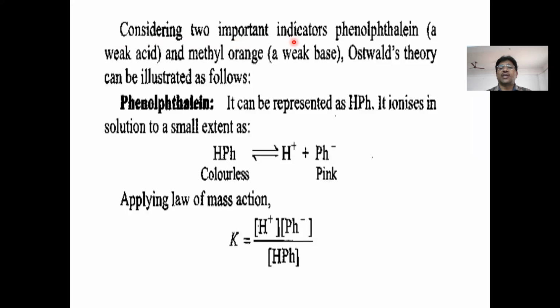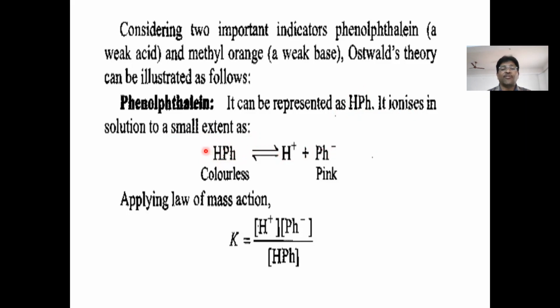Considering two important indicators, phenolphthalein, a weak acid, and methyl orange, a weak base, Ostwald's theory can be explained as follows. First one, phenolphthalein. It can be represented as HPh in equilibrium with H plus ion and Ph minus ion. It ionizes in solution to a small extent, as the HPh undissociated molecule dissociates into H plus and Ph minus.